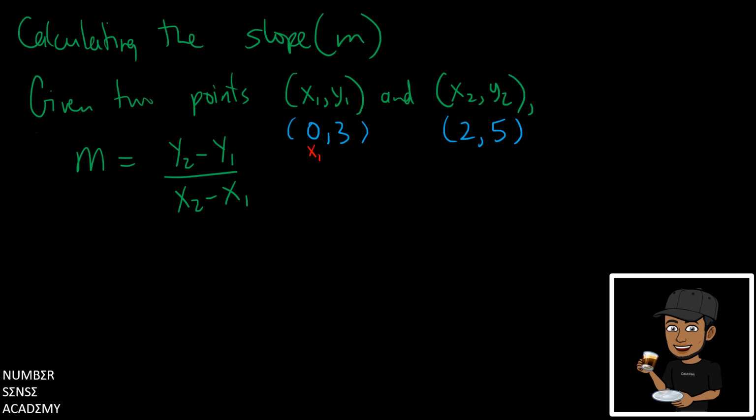If this is x1, this is y1, which means this is x2 and y2. So from the equation, what I'm saying is 5 minus 3 over 2 minus 0.